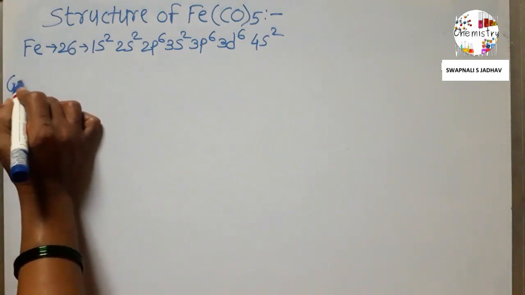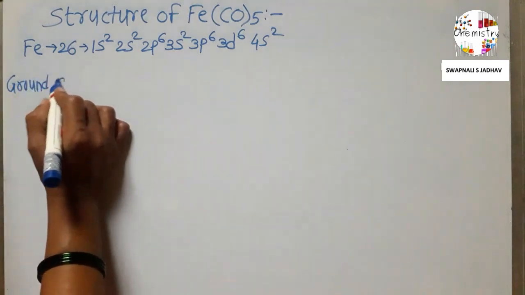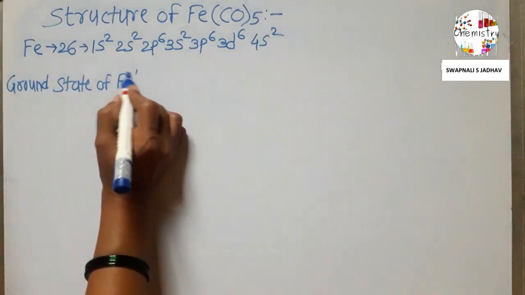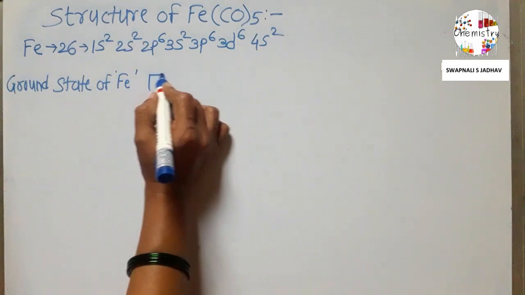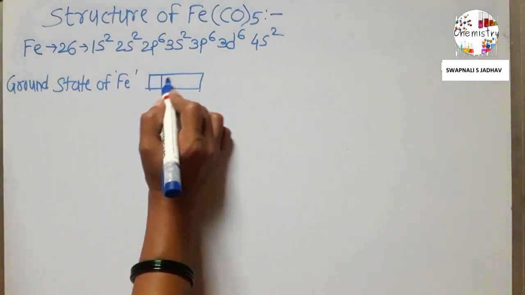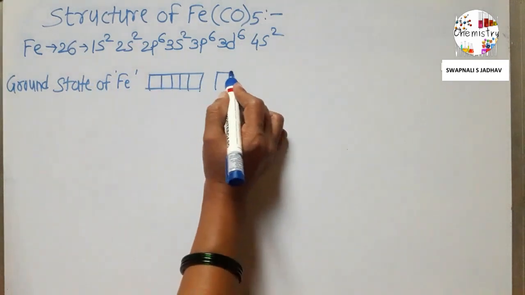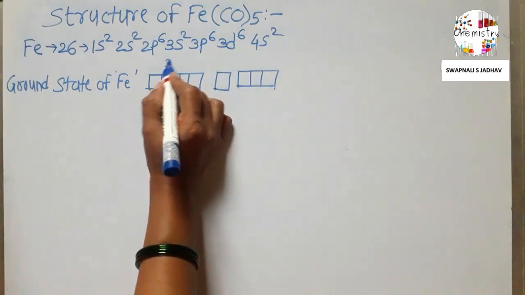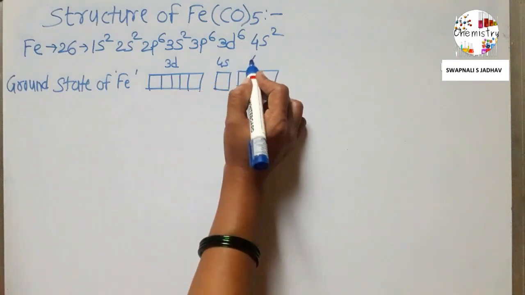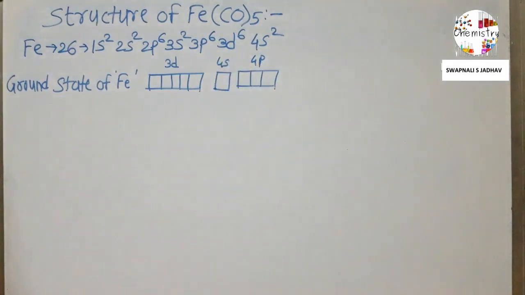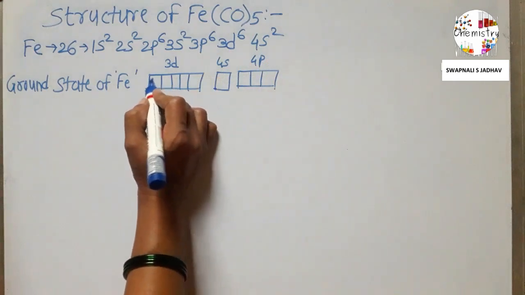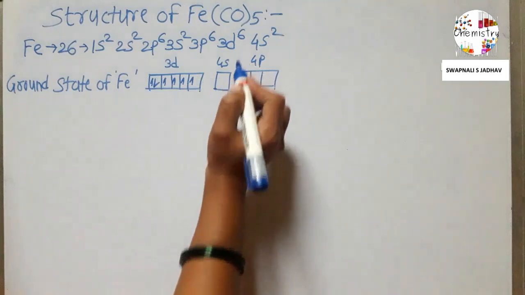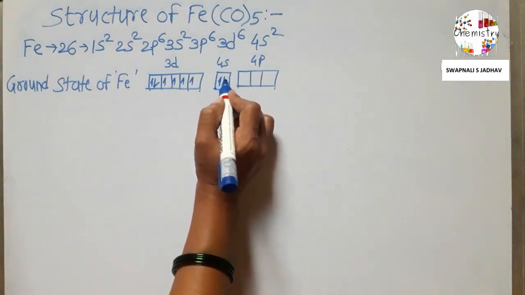So the ground state of iron, the outermost orbitals are 3d, 4s and 4p. 3d contains how many electrons? 6: 1 2 3 4 5 and 6. 4s contains how many electrons? 2.